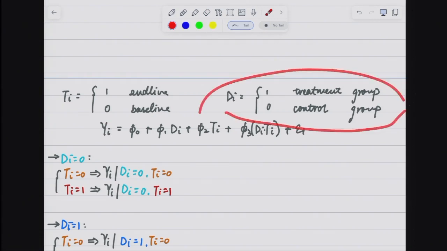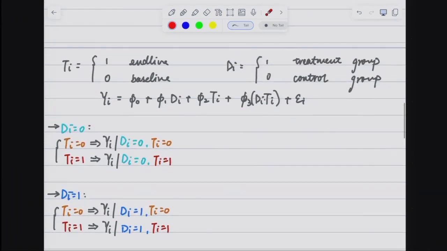Again, d corresponds to 1 in the treatment group, 0 in the control group. For every individual yi, we can have the same individual, but they're either in the baseline or in the end line. So we have a repeated cross-section here.